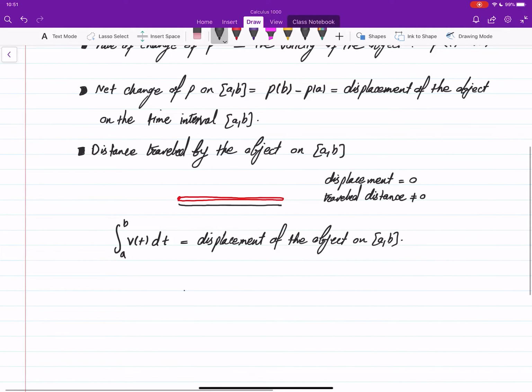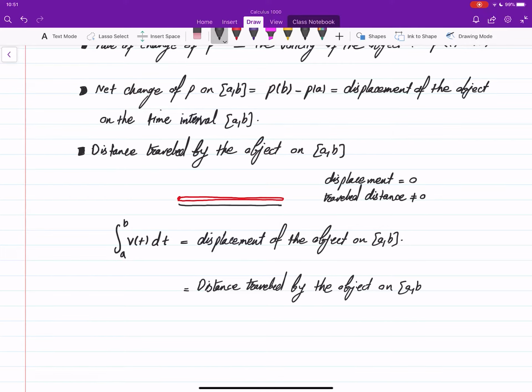But if you're looking for a distance traveled by the object on the interval AB, the integral you have to consider is a little bit different.